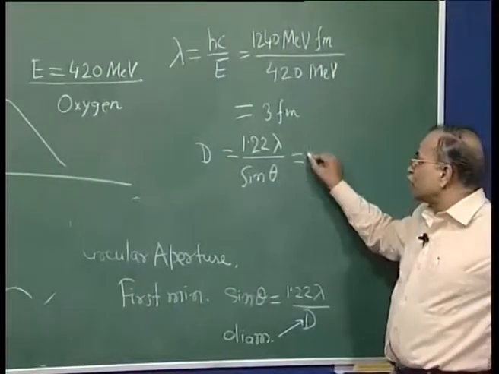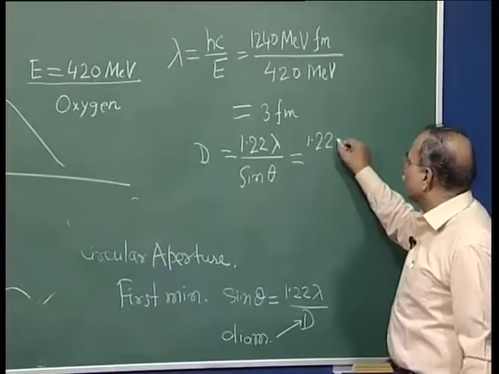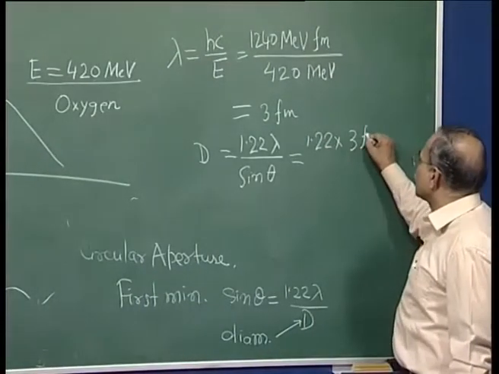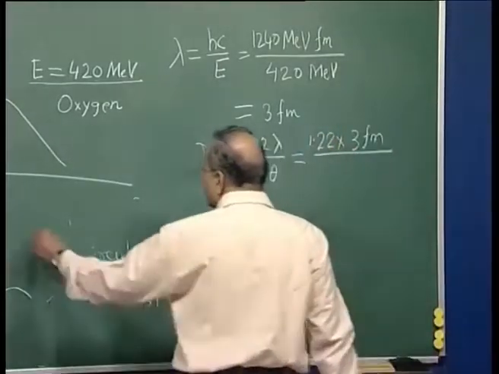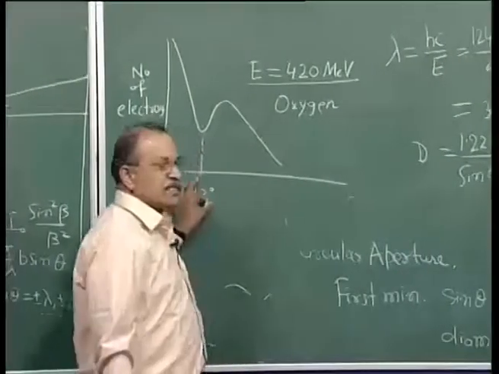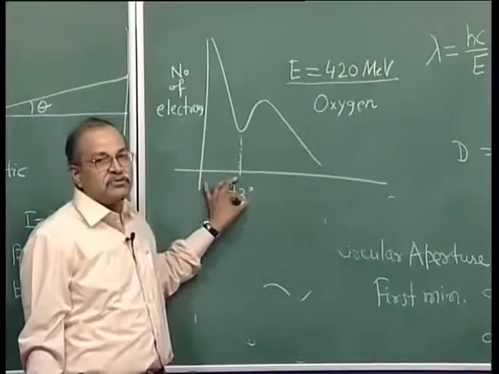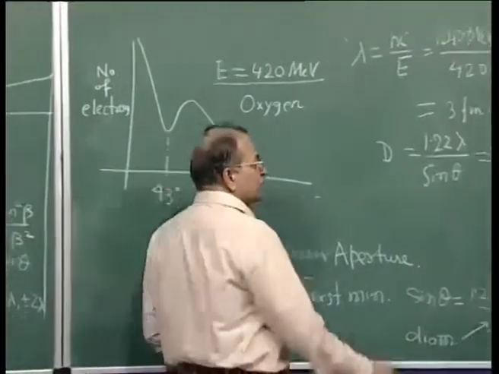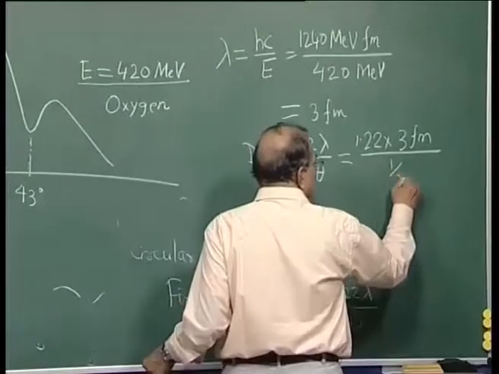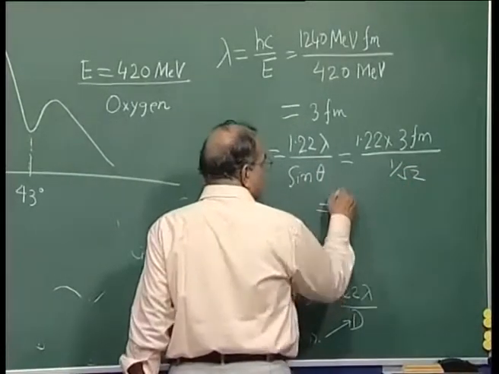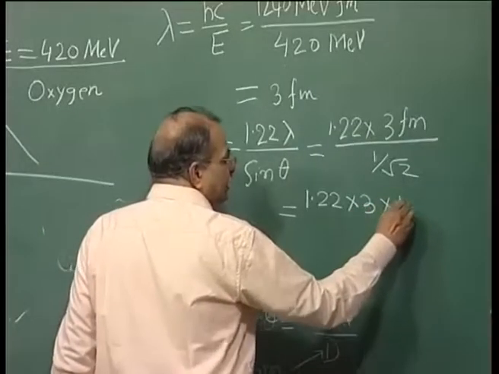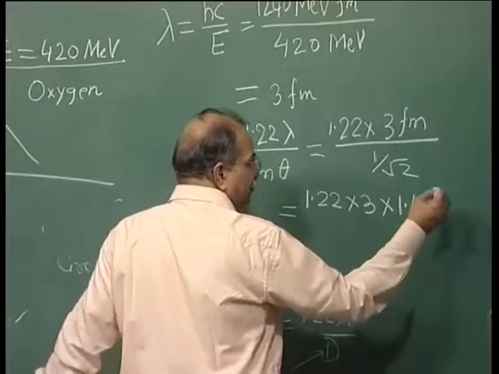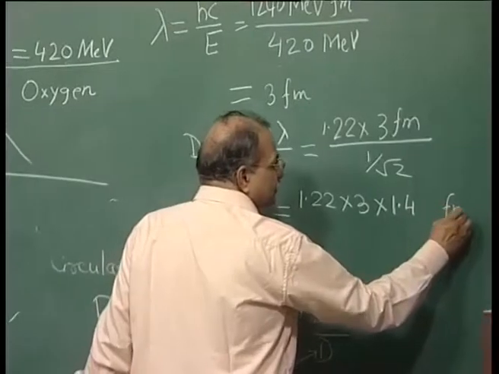So, this is 1.22 into lambda, which is 3 femtometers, divided by sin theta, and for theta I take 45 degrees, and sin 45 degrees you know is 1 by root 2. So, this is 1.22 into 3 into root 2, 1.441 or so femtometers.